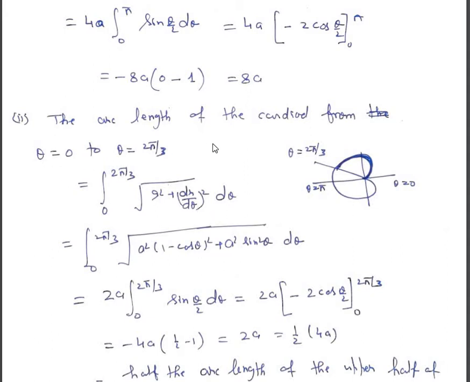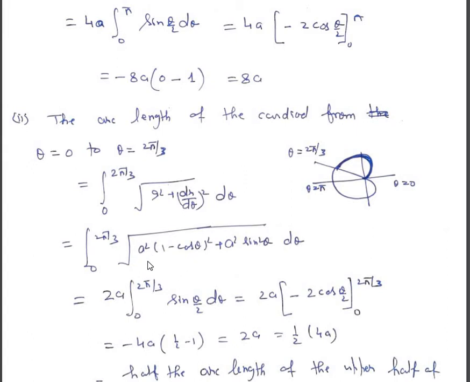So the arc length of the cardioid from theta is equal to 0 to theta is equal to 2 pi by 3 is integral 0 to 2 pi by 3 under root of r square plus dr upon d theta whole square d theta, which is integral 0 to 2 pi by 3 under root of a square into 1 minus cos theta whole square plus a square sin square theta d theta.